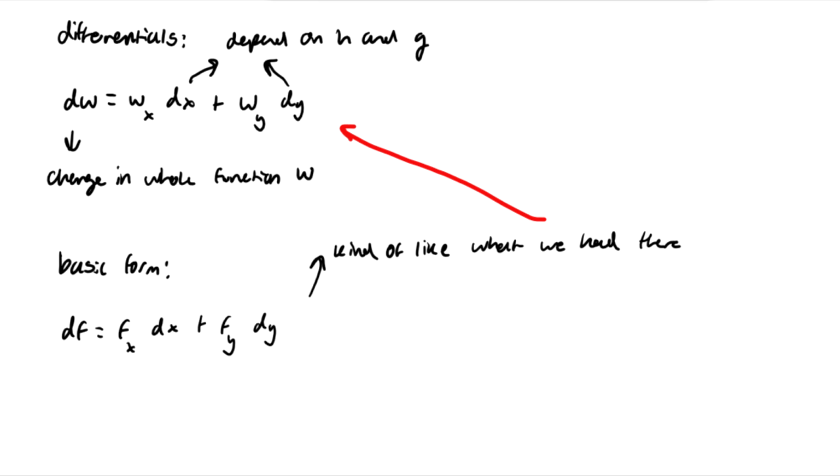Recall the basic formula. df equals f sub x dx plus f sub y dy for some function f of x, y. Or if you prefer, df equals partial f over partial x dx plus partial f over partial y dy. It's just a difference in notation.